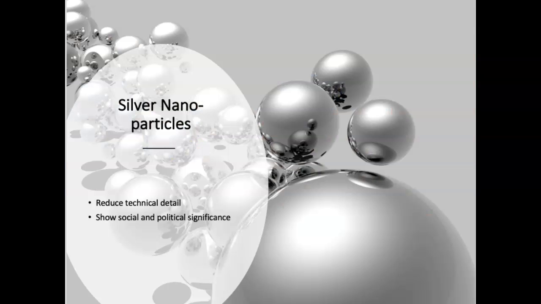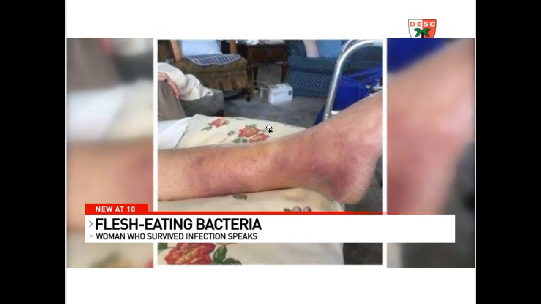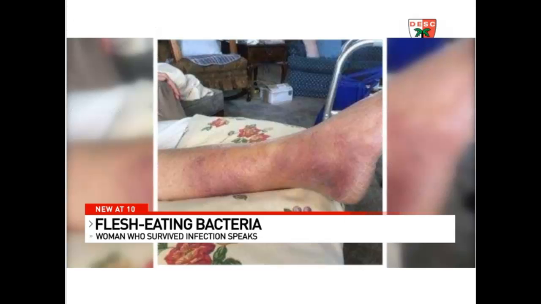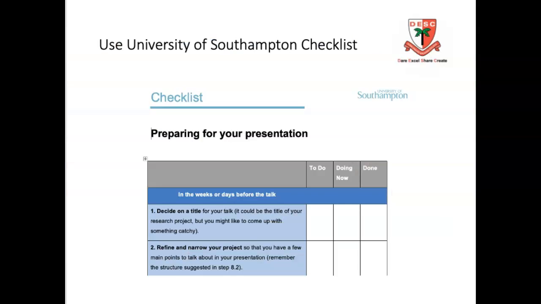So rather than beginning with silver nanoparticles, which for most of us are very difficult to conceptualize, we don't really know what they are and why they matter to us, we could talk about the horror of disease. And that to me then establishes the creative hook and allows the student to then go into the subject of silver nanoparticles, but there's a powerful narrative to motivate our interest, I should say.